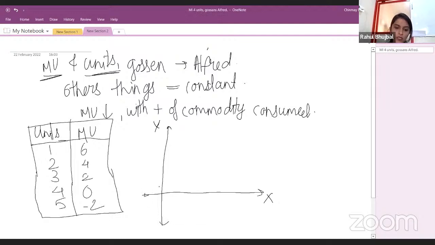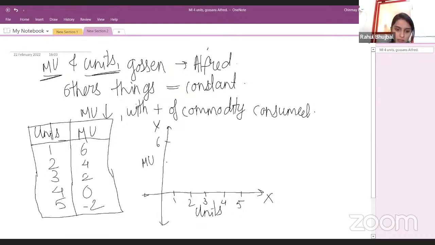On the y-axis we'll show marginal utility. On the x-axis we'll show units. The units are 1, 2, 3, 4, and 5. These are the 5 units for which we are going to show the marginal utility.